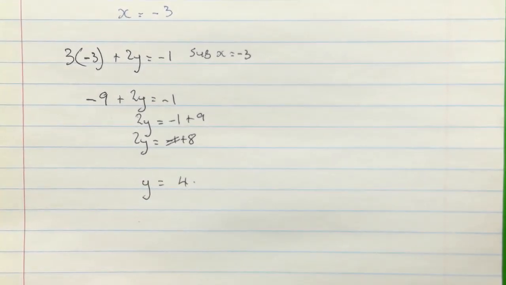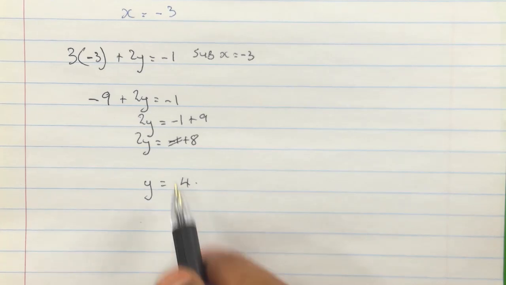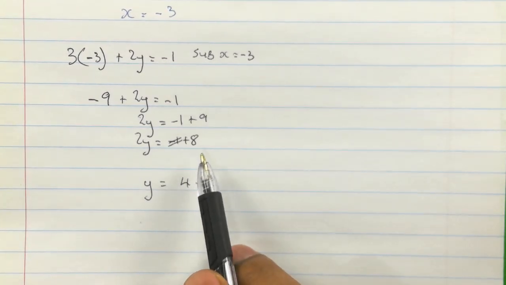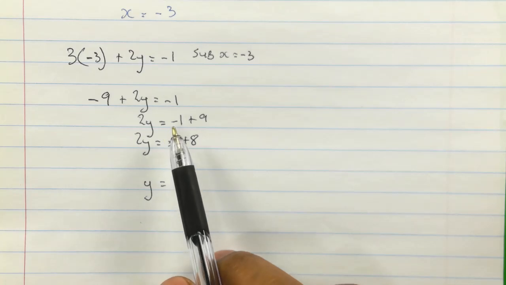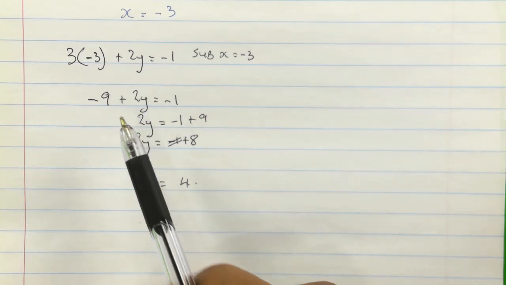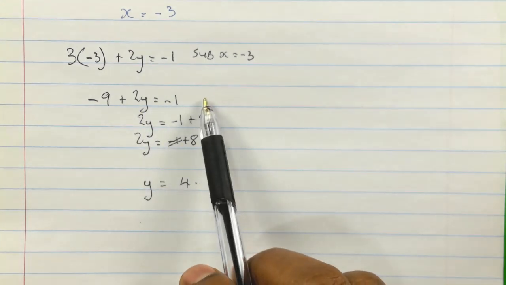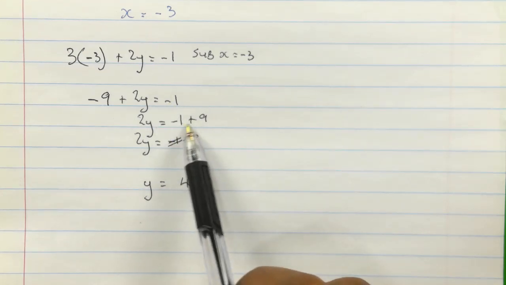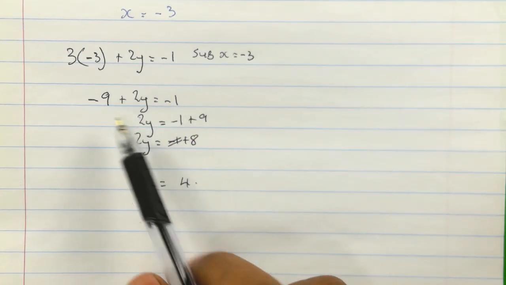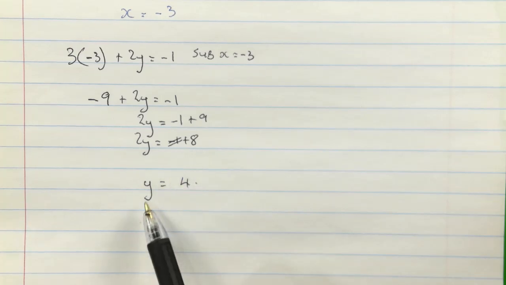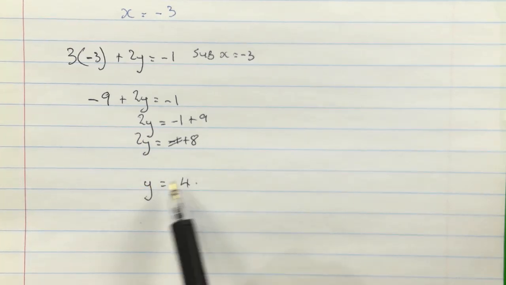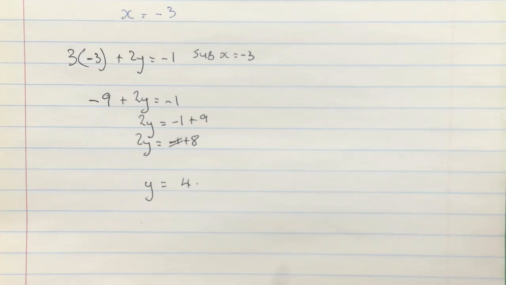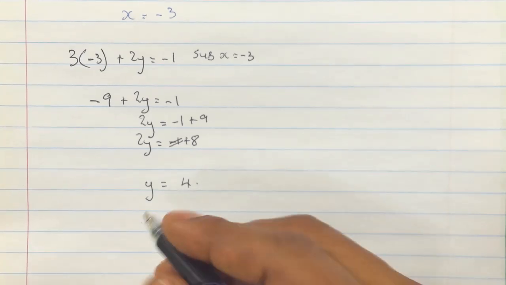All right. If you are in an exam, you don't need to write 2y divided by 2, 8 divided by 2. You also don't need to do this. If you know that this one is going to be positive this side and it meets this one, it will be reduced by 1. So that 9 will be reduced by 1 to become 8. You divide both sides, you get y is equal to 4. Okay. So then we have solved simultaneously.